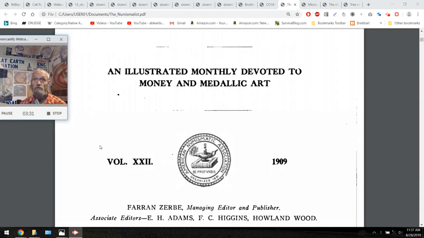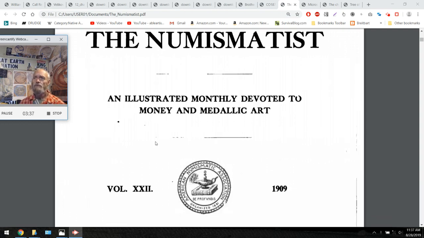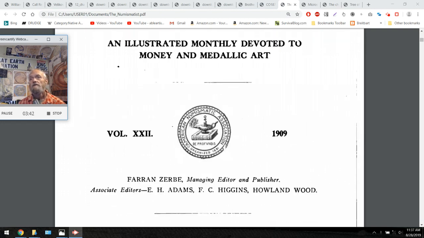So this is what we're looking at. The Numismatist, an illustrated monthly devoted to money and medallic art. We can see here it was not that old. This is volume 22 from 1909, established in 1891.